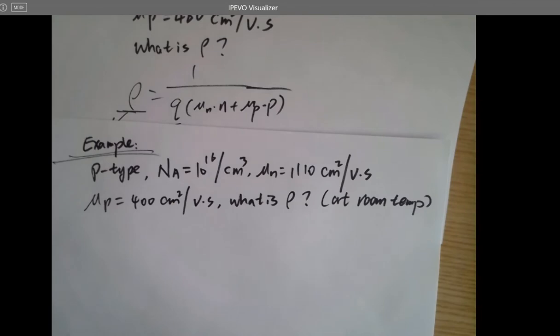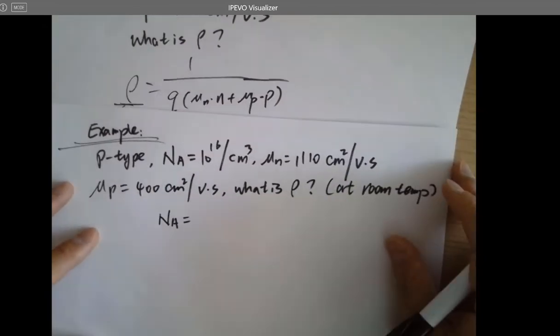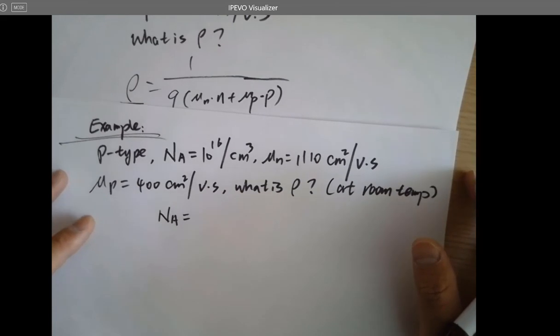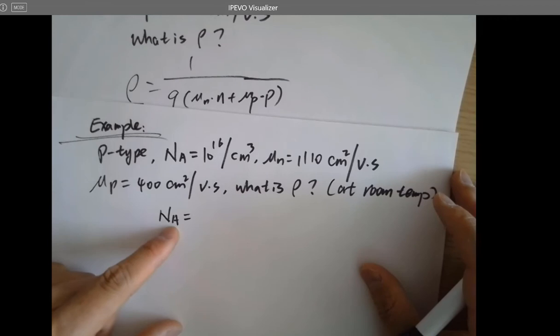And it's the same value as the concentration of holes after it's been doped. The concentration of the acceptor atoms is the same as the concentration of the holes.